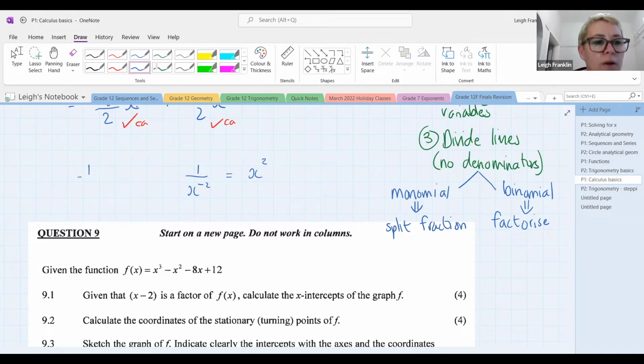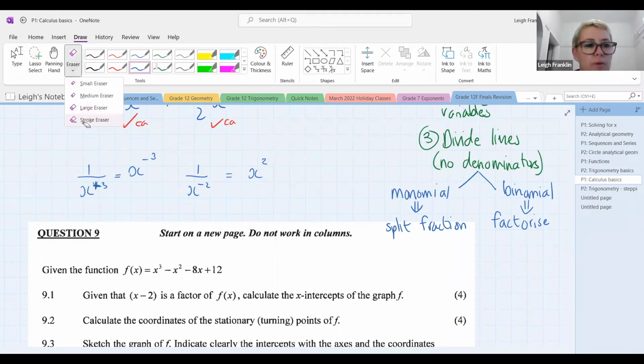Or if you have 1/x to the power of +3, you can write that as x to the power of -3. So what happens is that we write the reciprocal. In other words, what was in the denominator is in the numerator, and we change the sign of the exponent. I see. Okay, no, I understand, ma'am. All right, okay, with pleasure, no problem.